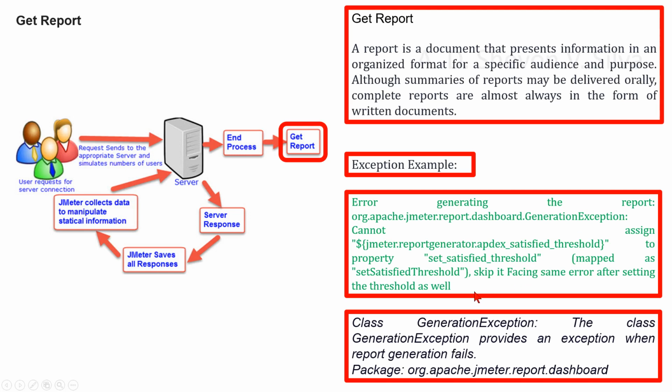Error generating the report: org.apache.jmeter.report.dashboard.GenerationException cannot assign jmeter.reportgenerator.apdex_satisfied_threshold to property set_satisfied_threshold, map set satisfied threshold. Skip it if facing the same error after setting the threshold as well.